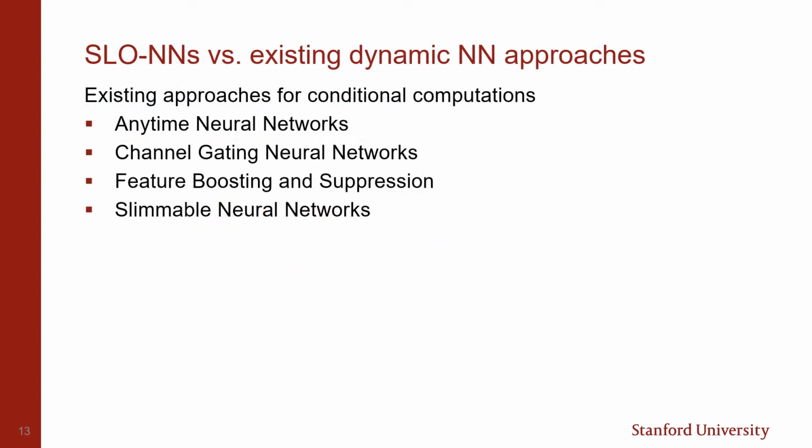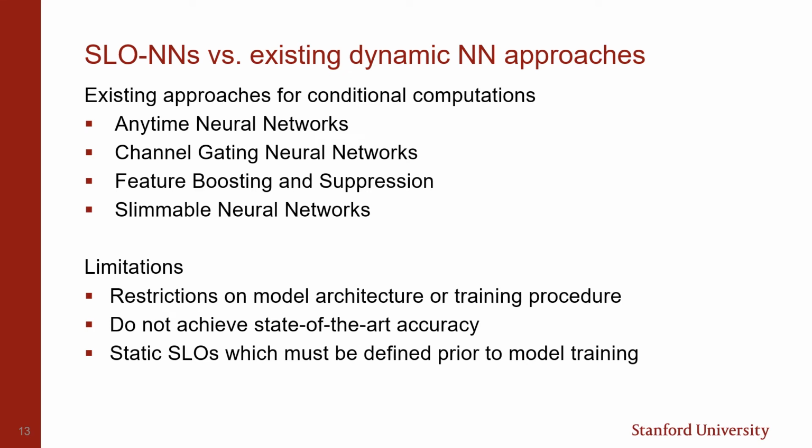So let's briefly discuss a comparison between SLONNs and existing dynamic neural network approaches. There has been prior work which has proposed conditional computations for neural networks. However, the techniques that have been proposed exhibit limitations which are not faced by SLONNs. First, these existing techniques place restrictions on the model architecture or training procedure.